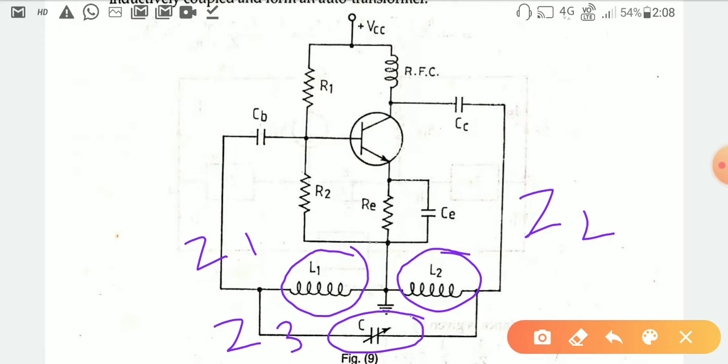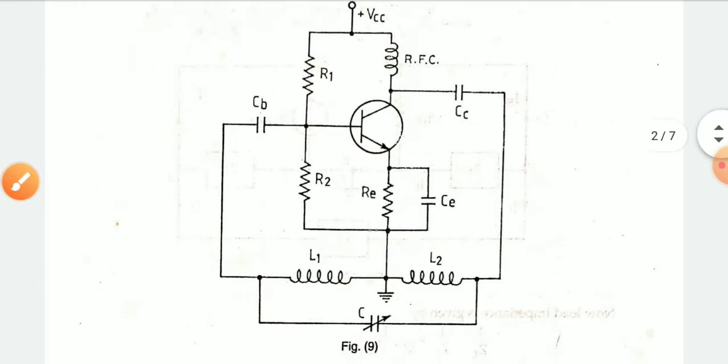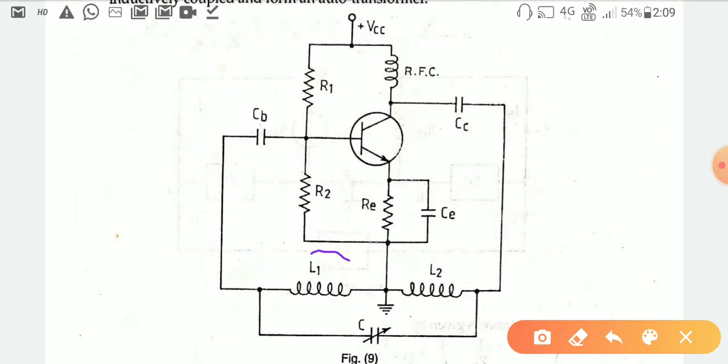Because if we interchange the positions, so that the L positions are changed into capacitors, and this L2 becomes another capacitor, then this Hartley type of oscillator changes into the Colpitts type of oscillator. So we derive a generalized expression.